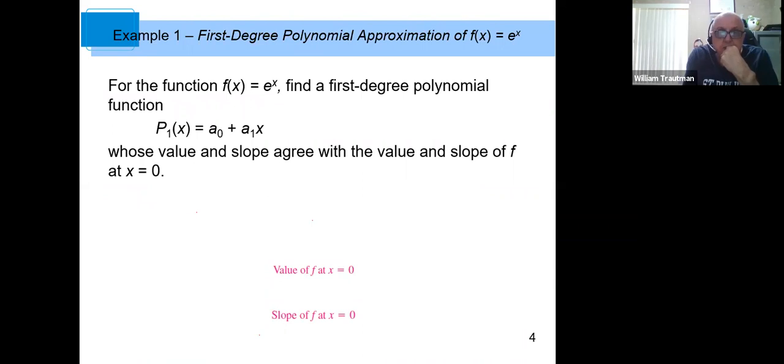And once again, this is just the equation for a line, y equals mx plus b, and A1 is the slope, a first degree polynomial. So I just wanted to show you this is a polynomial, y equals mx plus b.